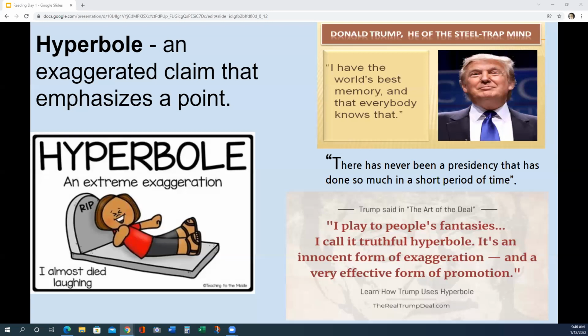And he's written a lot of books on business and how to run business and things like that. In one of his books called The Art of the Deal, Trump said, I play to people's fantasies. I call it a truthful hyperbole. It's an innocent form of exaggeration and a very effective form of promotion. So he knew what he was doing. He knows he exaggerates things to make his point. That is an example of a hyperbole.